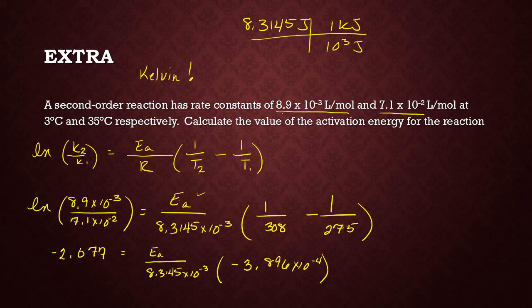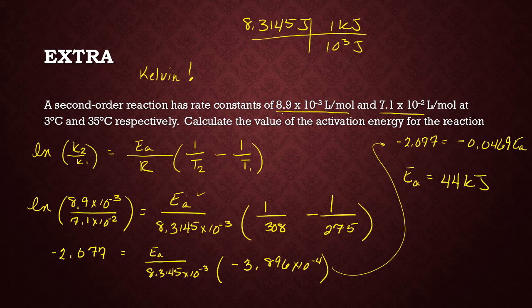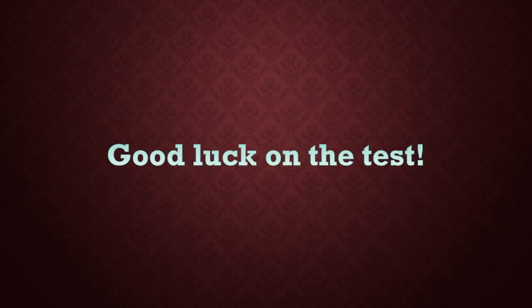Take that out of there. Okay, that's much better. Now that we've done that, negative 2.077 is going to equal negative 0.0469 E sub A. And so our activation energy will equal 44 kilojoules. Make sure you can solve for any one of the variables in this equation. Good luck on the test.